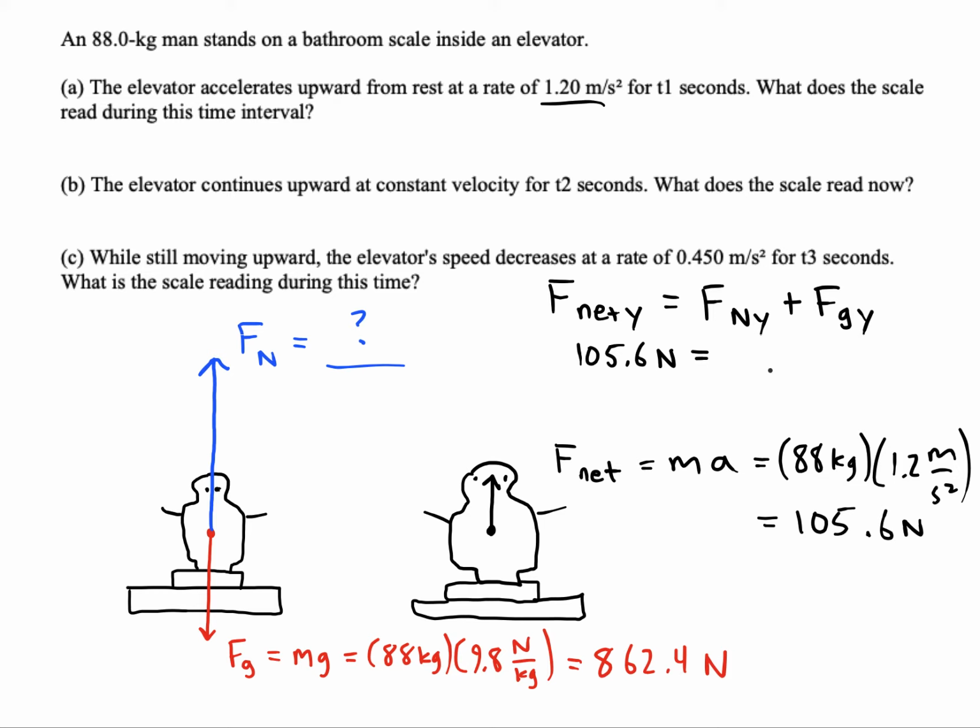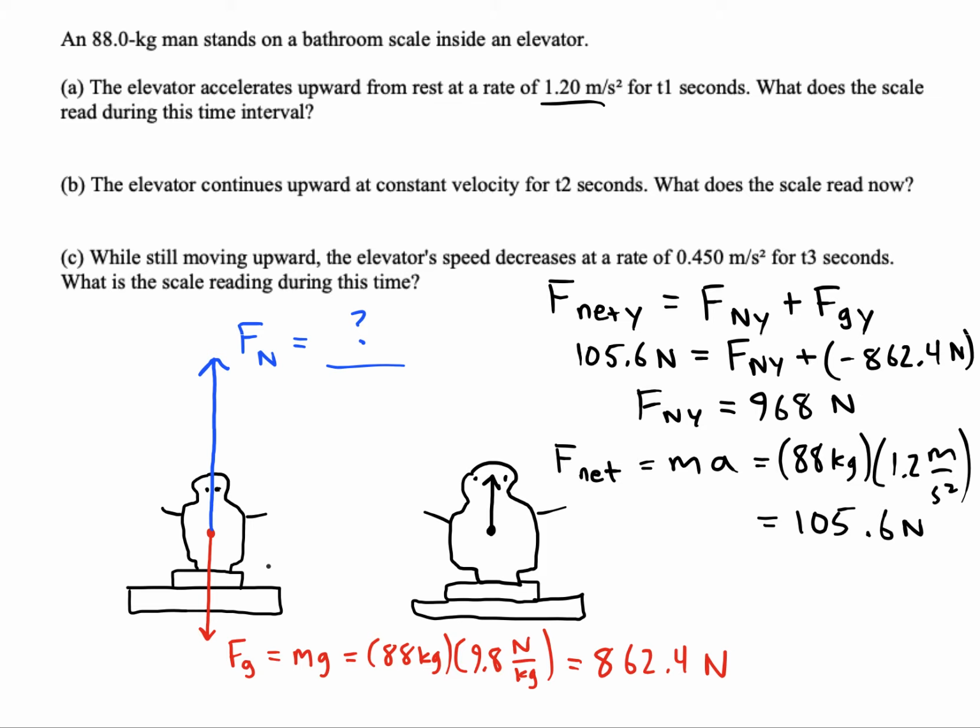When it comes to the normal force, that's what we're trying to find, so I'll leave it as a variable. But Fg would be considered negative 862 because it's down. Then you can solve that equation for the normal force that's required. It ends up being 968 newtons.